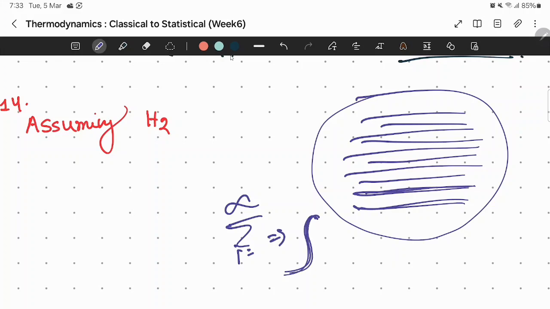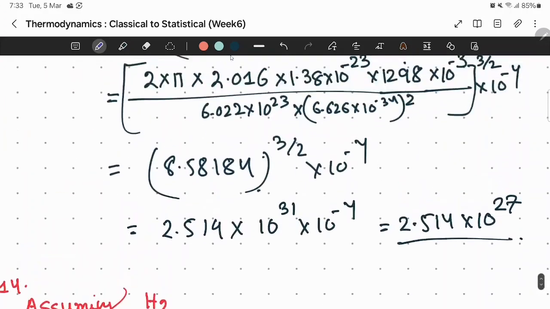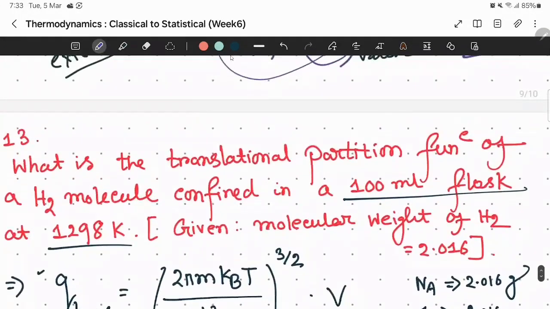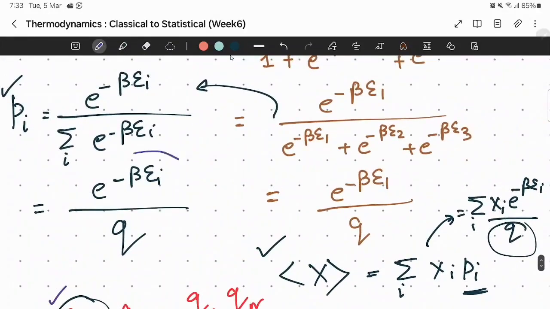This is also done for rotational, but the rotational partition function is not an extensive property; it is an intensive property. That's why for the translational case the partition function is huge. Okay, so that is the reason. But we need the probability, not the partition function. When you take the ratio to find the probability using this formula, it will be of the same order.